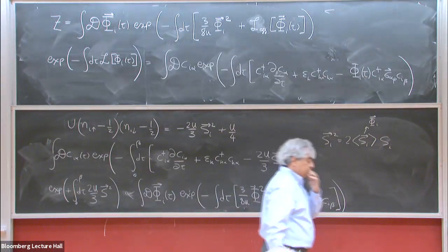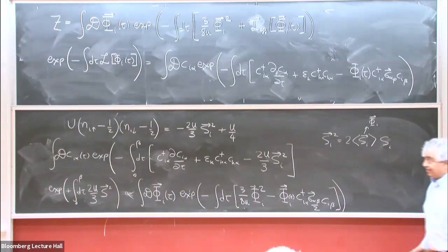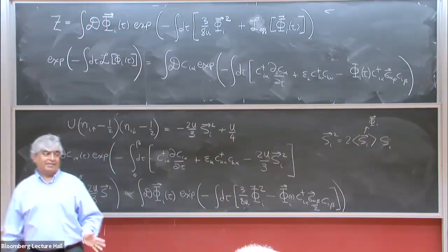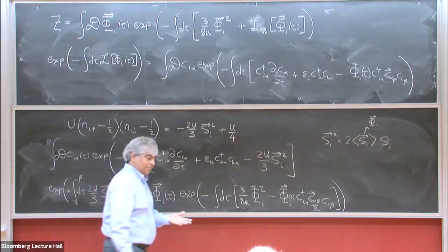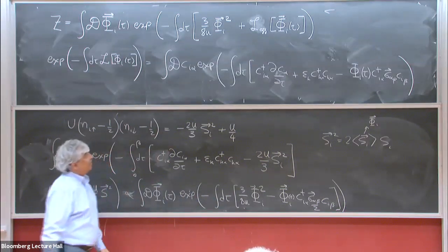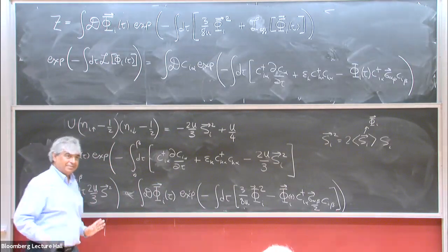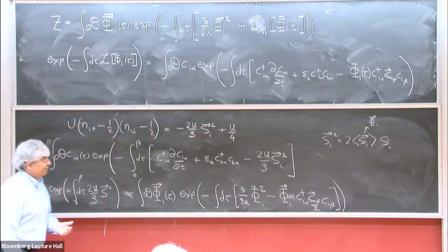Is this with the finite magnetization, antiferromagnet? At this point, everything's exact. It could be anywhere in the phase diagram. I haven't done anything. But the next step, where I'm expanding in powers of phi, I am making an approximation. And I'm just asserting that that approximation may be reasonable at high temperatures. Let's just imagine that we are at some high temperature and we're going to expand in powers of phi.